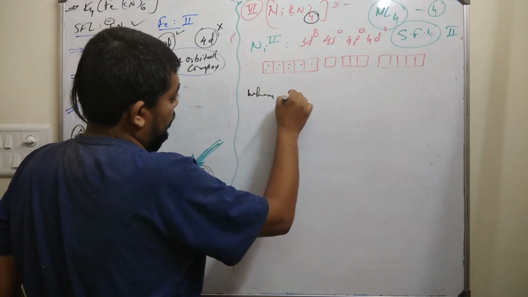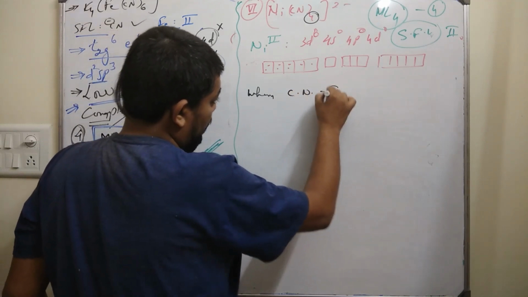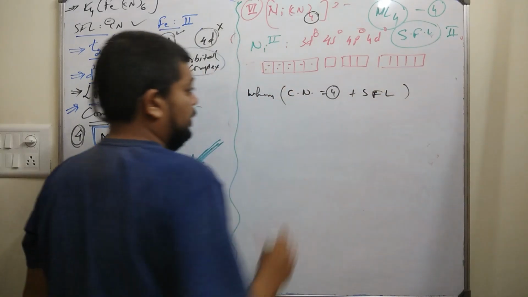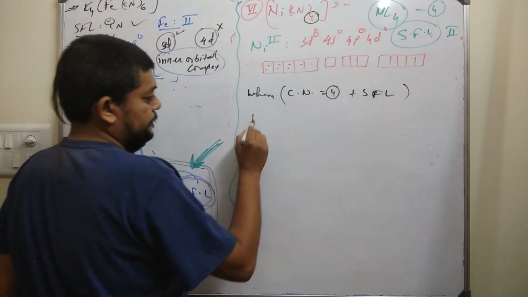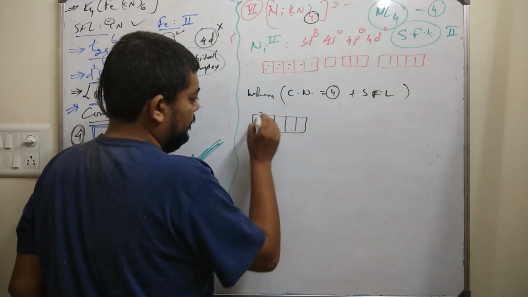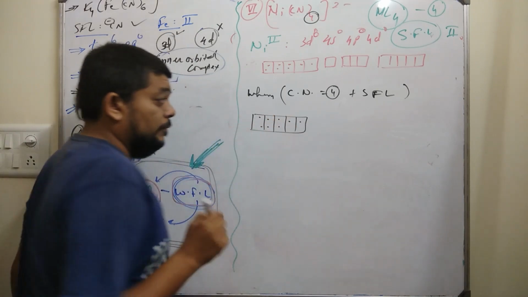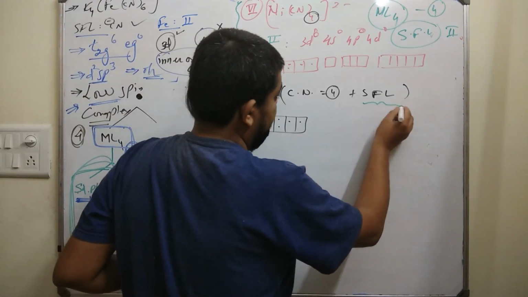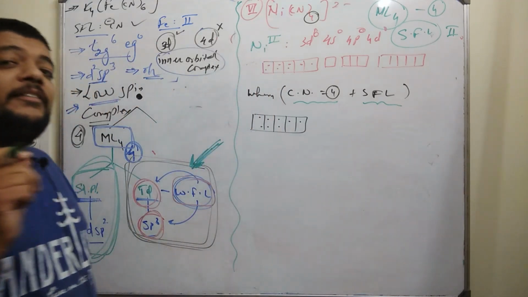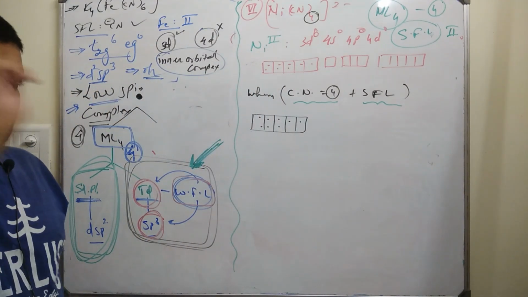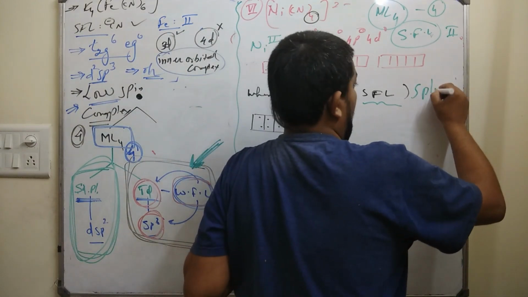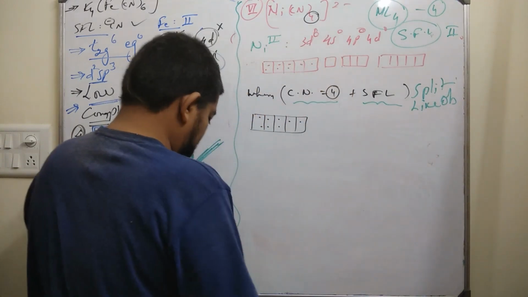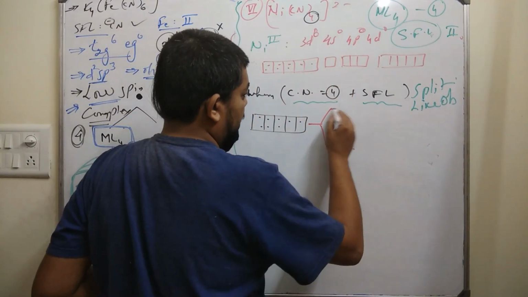When the coordination number is 4 and it is a strong field ligand, split it first. But wait a while. Strong field ligand, coordination number 4, split it first like octahedral, not like tetrahedral. Split like octahedral.